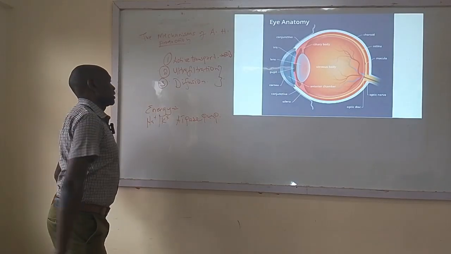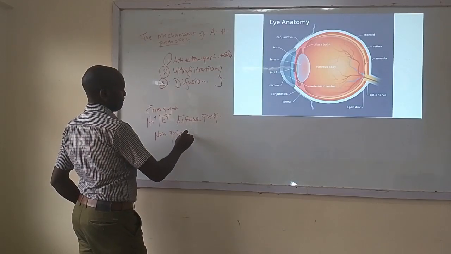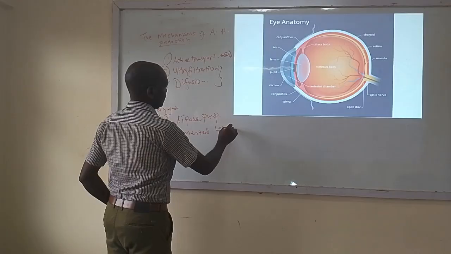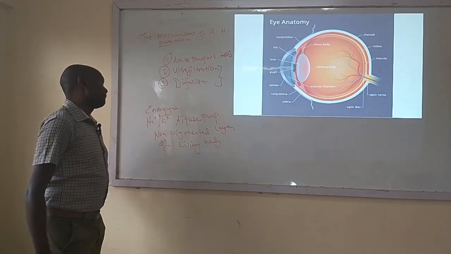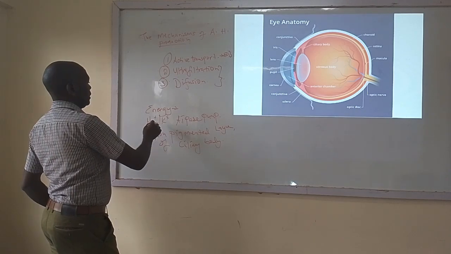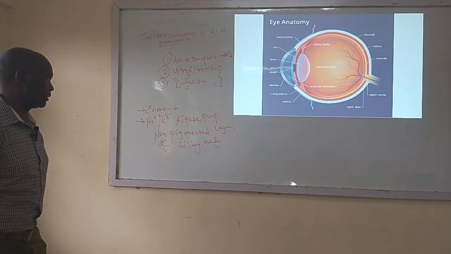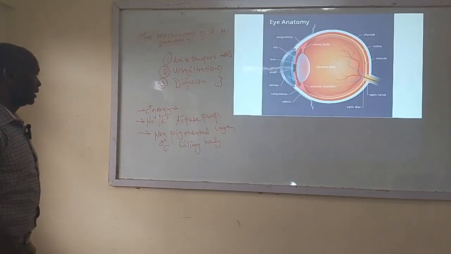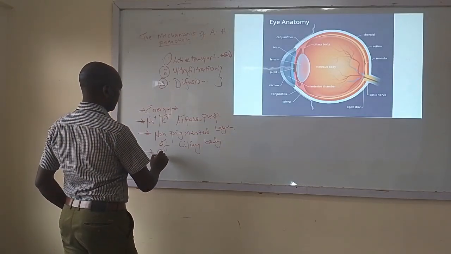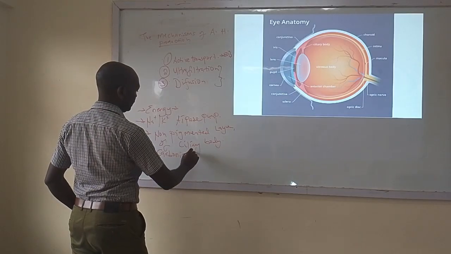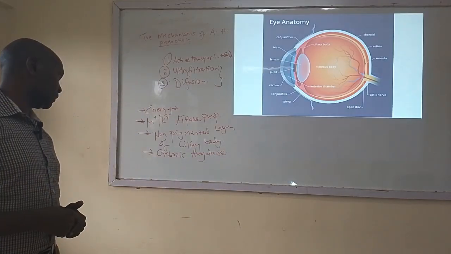This pump here is found on the non-pigmented layer of the ciliary body, and this active transport, which is using energy via the sodium potassium ATPase pump on the non-pigmented layer of the ciliary body, also uses a very important enzyme, an enzyme we refer to as carbonic anhydrase, a very, very significant enzyme.